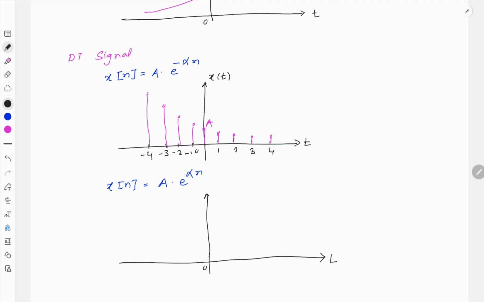Now in this case slope is positive, so it is rising exponential, so we have maximum amplitude in the positive side, and this amplitude will go on decreasing towards negative axis.